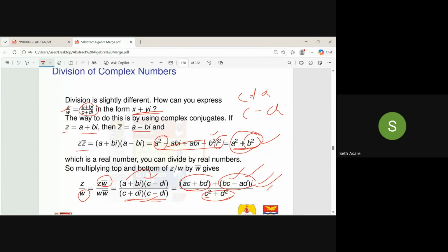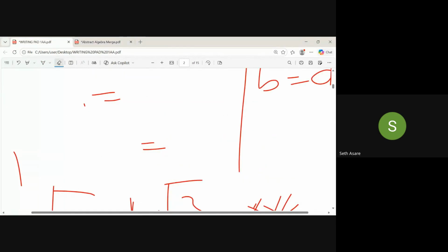But in real terms, like when you are dealing with 2 over 1 plus root 2, multiplying by the conjugate, 1 minus root 2 over 1 minus root 2.